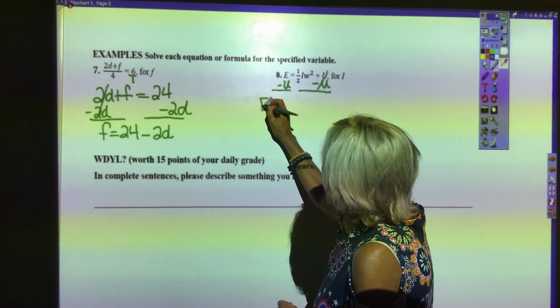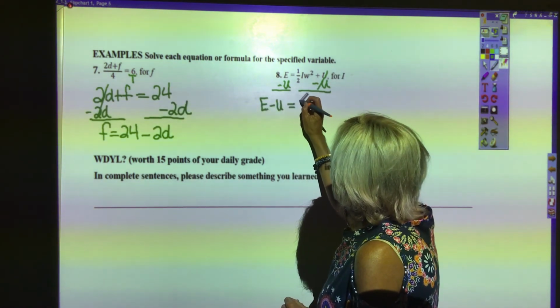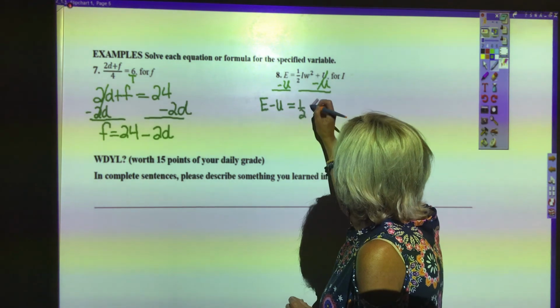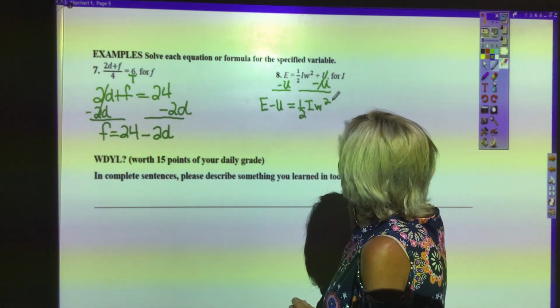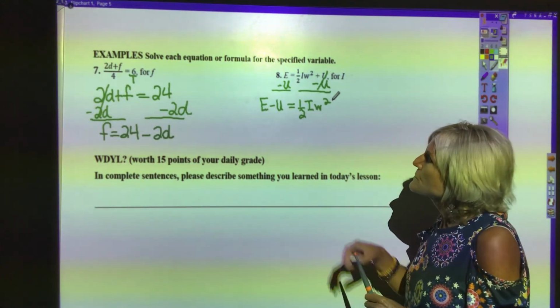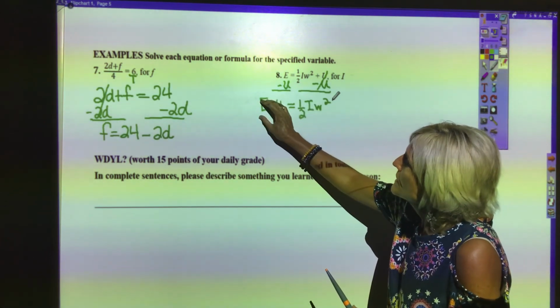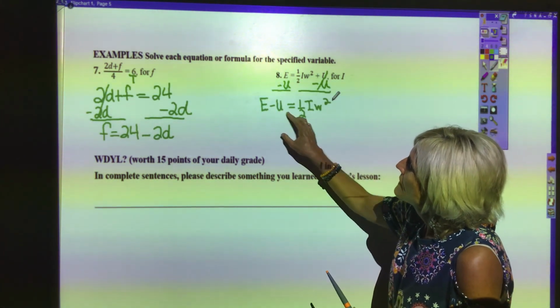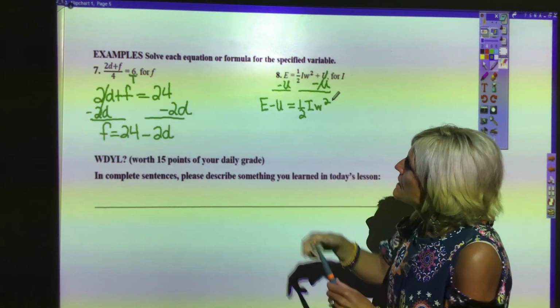So we'll have E minus U equals 1/2 IW squared. So now, because we've got a fraction on this side, but we don't over here, we can multiply the left side by 2. So that would mean everything by 2.